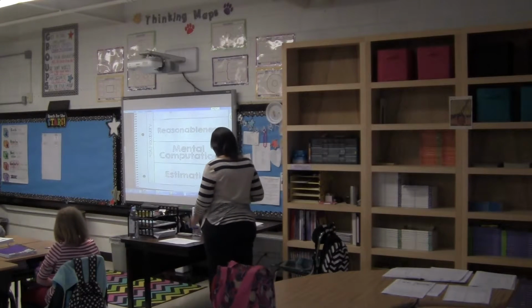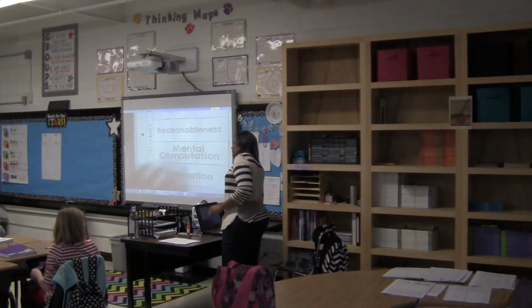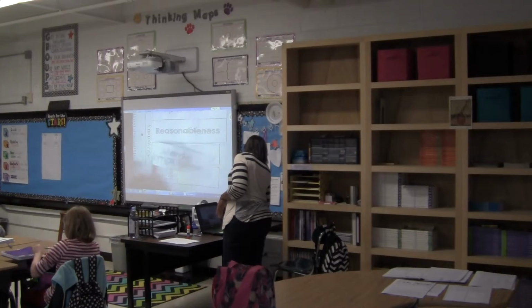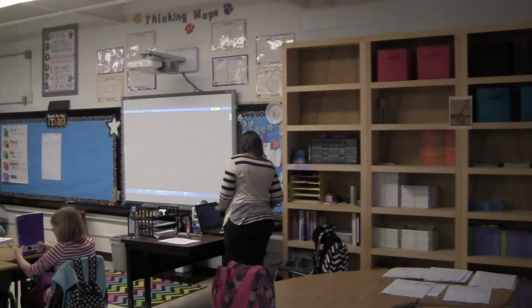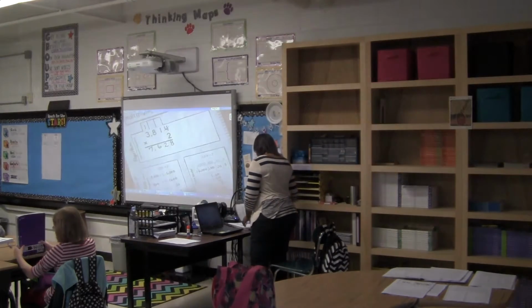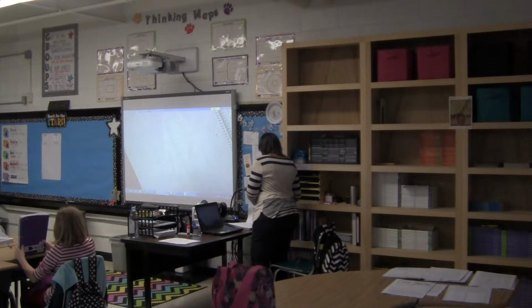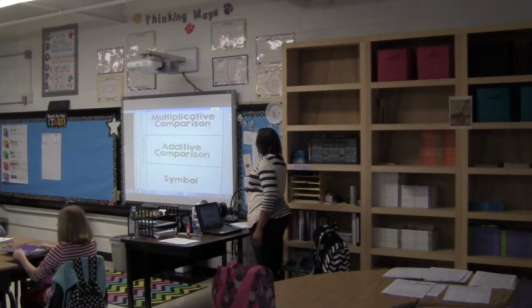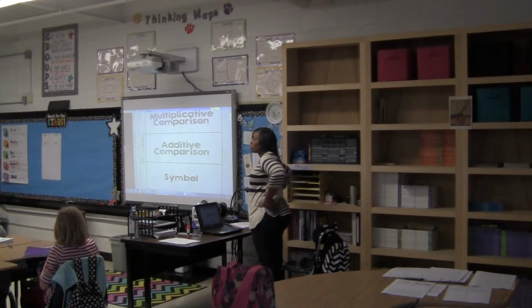All right, so study these tonight. You already know them, but study these. And I will even go back and study multiplicative, additive, right there we are. Additive, comparison, and symbol.